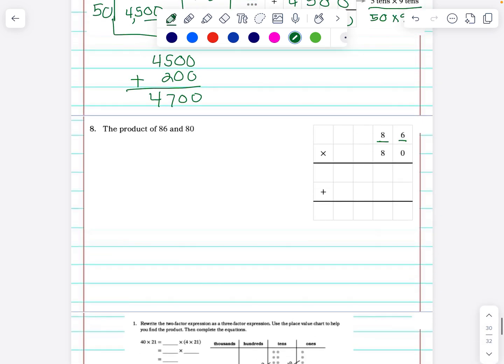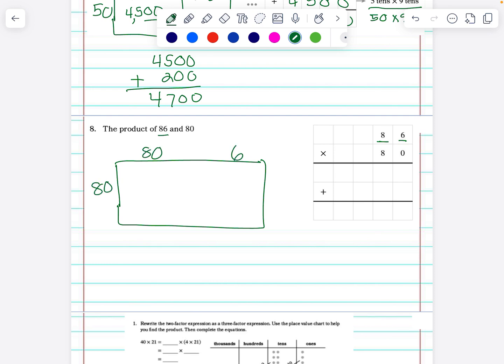Right. Our last problem, 86 times 80. We're going to do area model, then partial product. Let's check it. Area model. I'm going to decompose the 86 to 80 and 6. And 80 is going to go on the side.